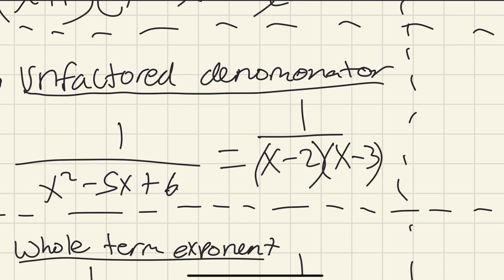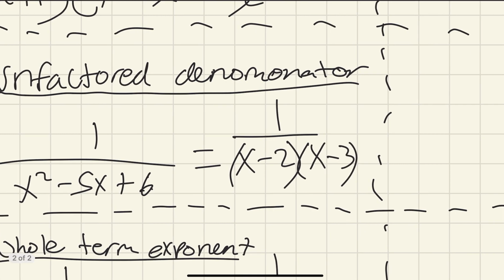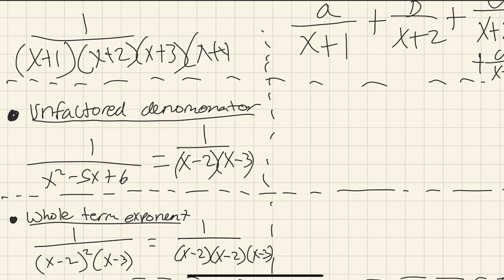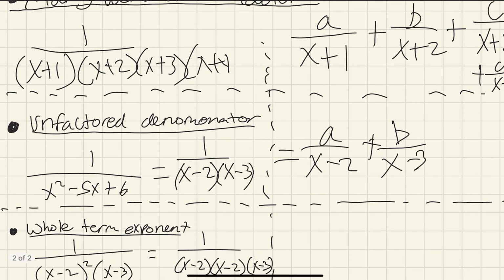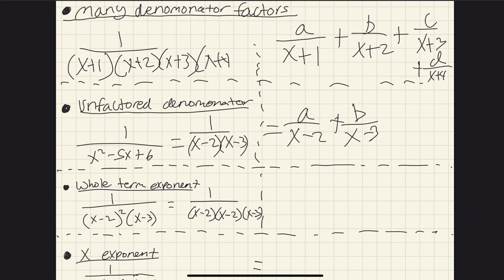X minus 2, x minus 3. And then your answer would look the same as what we know. A over x minus 2 plus b over x minus 3. So don't panic if they don't give you something in the form that we talked about before. You just need to factor it however you can and then break it up again.